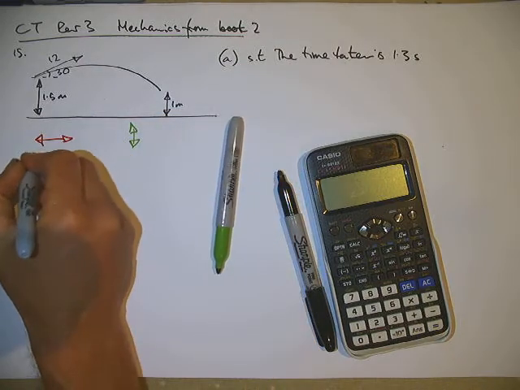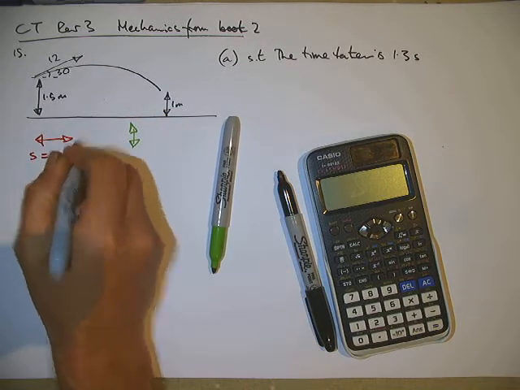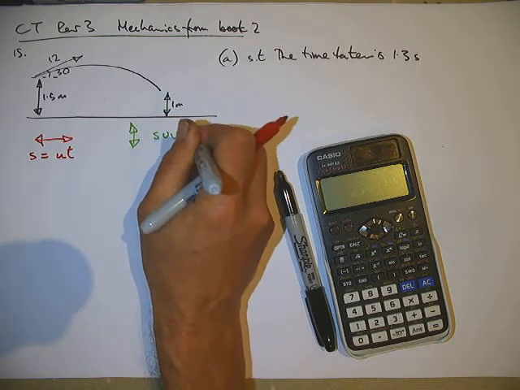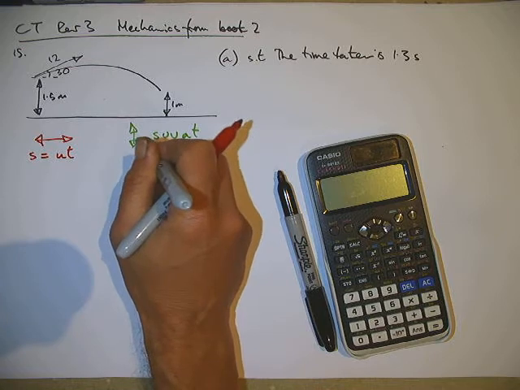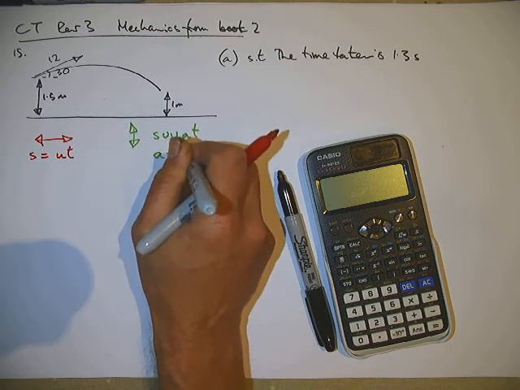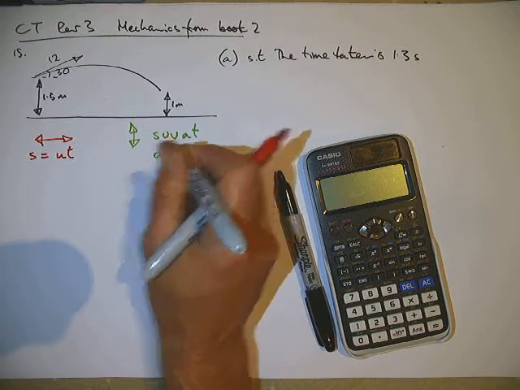Horizontally, we're going to use S equals UT. Vertically, we're going to use all the Suvat equations, because vertically we have acceleration is G downwards.